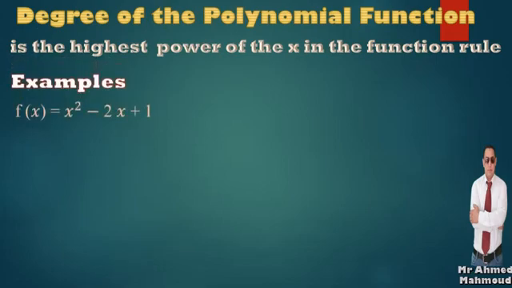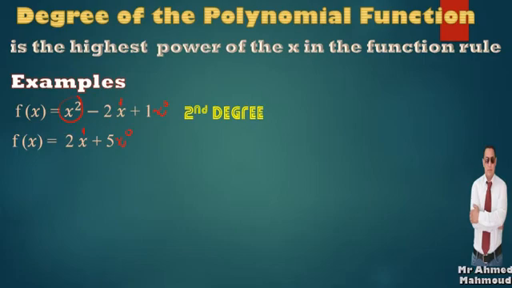For example, here we have x power 2 minus 2x power 1 plus 1x power 0. The highest power here is x power of 2, then this one is of second degree. And the other one, here we have 2x power 1, and here we have 5x power of 0.